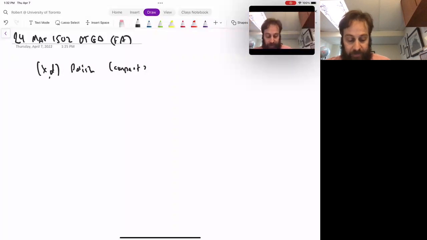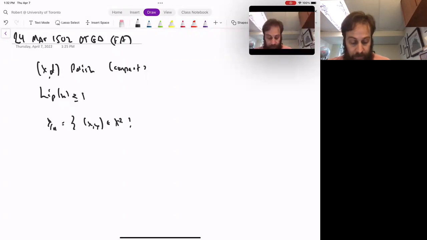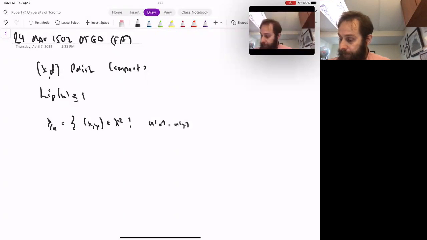If I have a function on that space with Lipschitz constant less than 1, I can define a relation, which is basically all those pairs of points such that the Lipschitz condition is satisfied. We checked last class that this was a partial ordering.